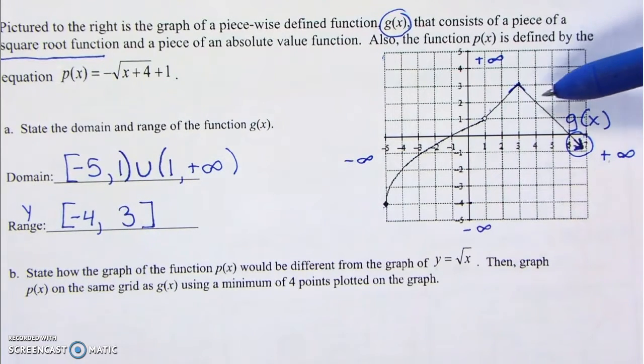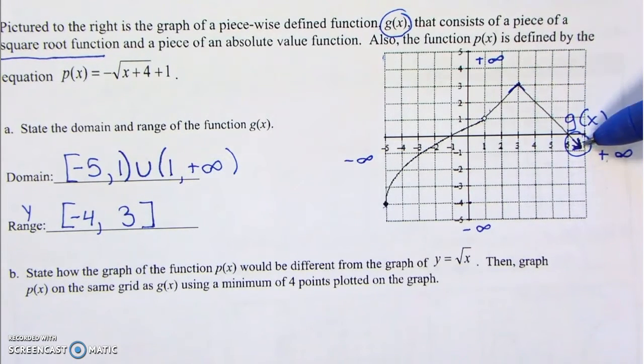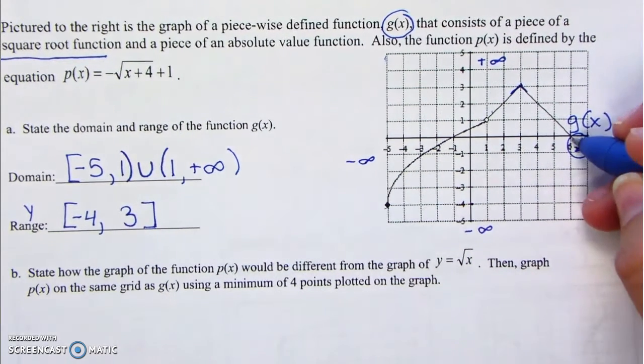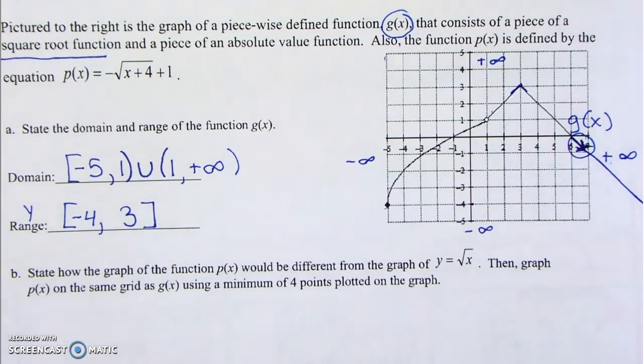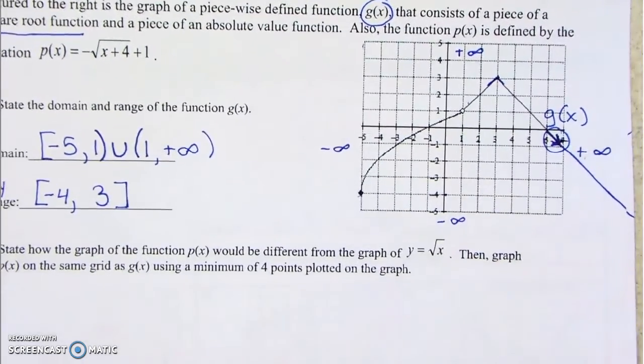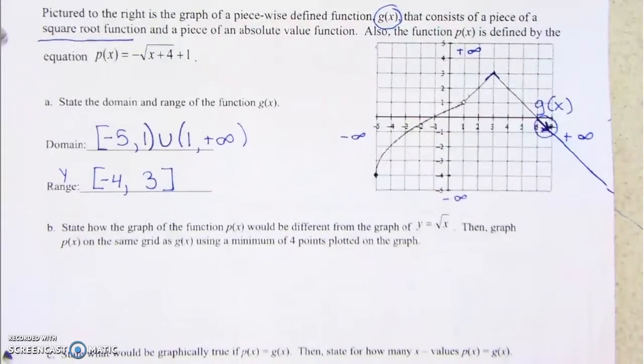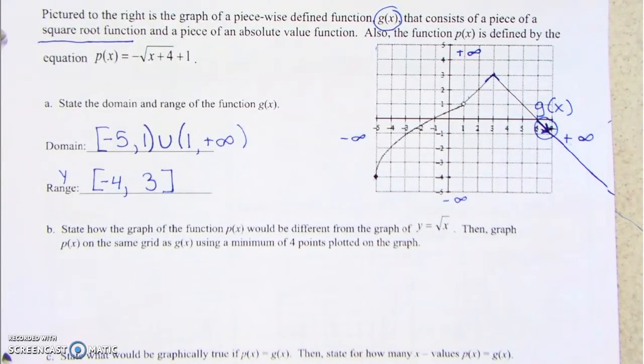Okay, let me just check my graph. Uh-oh. There's an arrow here. What does this arrow mean? It goes on forever. So it goes this way, this way, this way. There I am, writing on the desk again. Okay, so the answer I have written down is wrong.